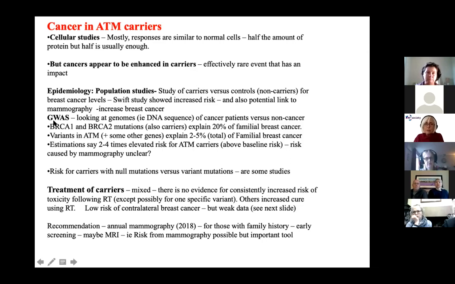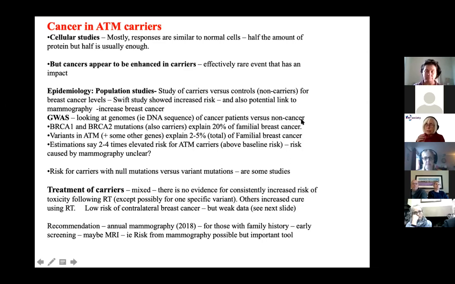The other type of studies are more recent ones, and they're called GWAS, which stands for Genome-Wide Association Studies. Basically here, you're sequencing. You may not sequence your whole genome, but often you'll just look at a subset of the tumor suppressor genes that I told you about, and either sequence them or look to see if there's a linkage to cancer patients versus non-cancer patients.